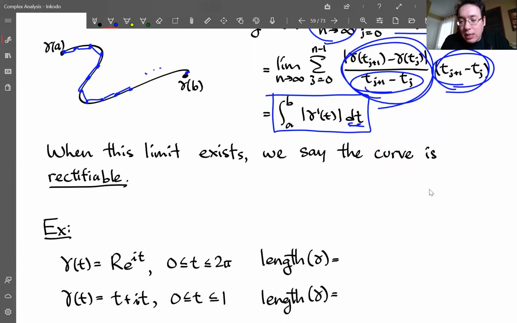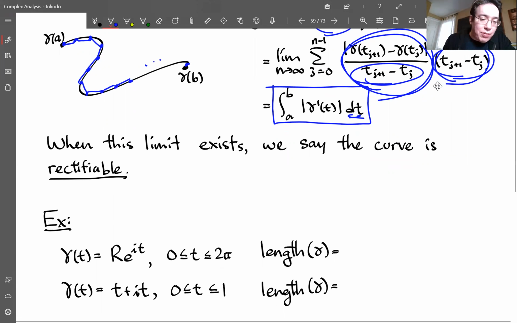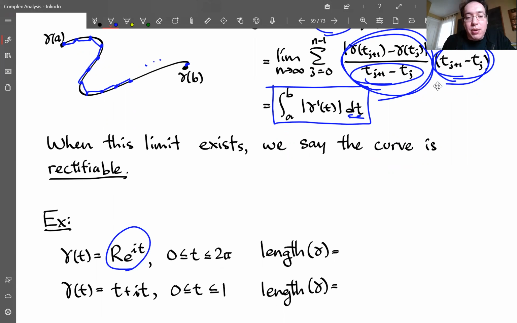Okay, let's do an example or two. If we look at the curve R e to the it, this would be a circle of radius R. So the derivative is going to be R i e to the it.